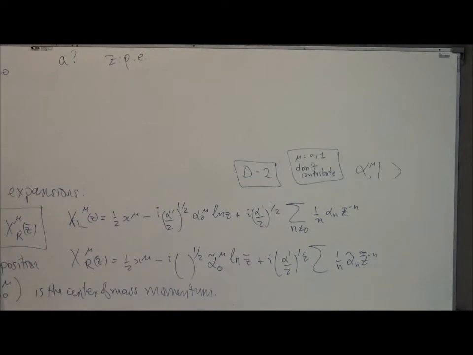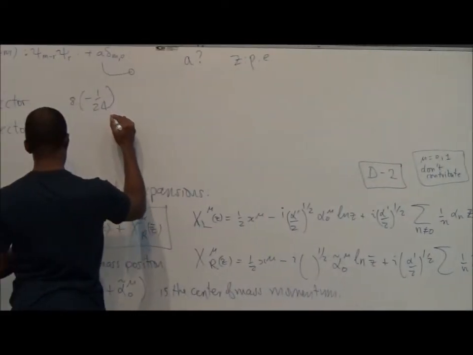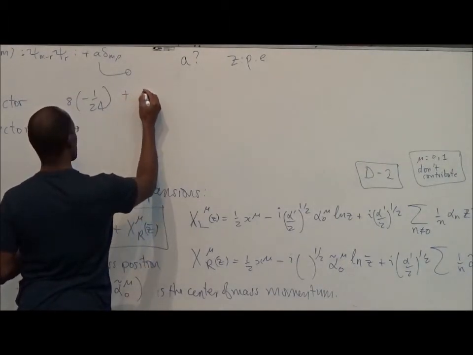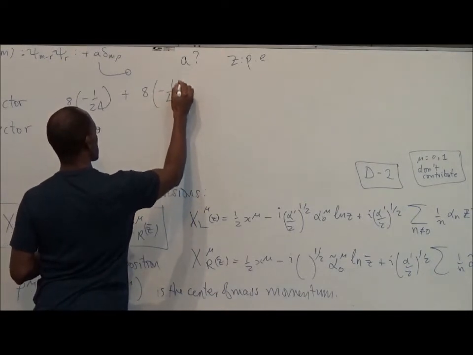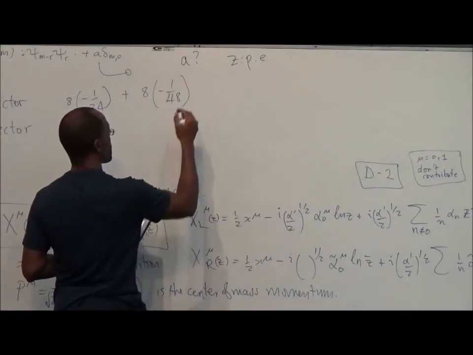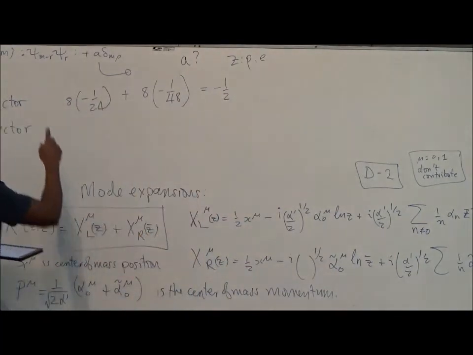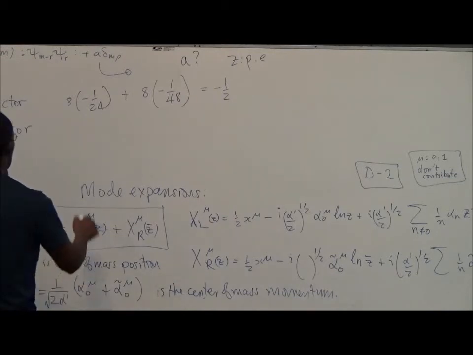So I have 8 times minus 1/24, and then the antiperiodic fermions each contribute minus 1/48, and when you add that all up, you get minus 1/2, and so that's what the A is for that case.